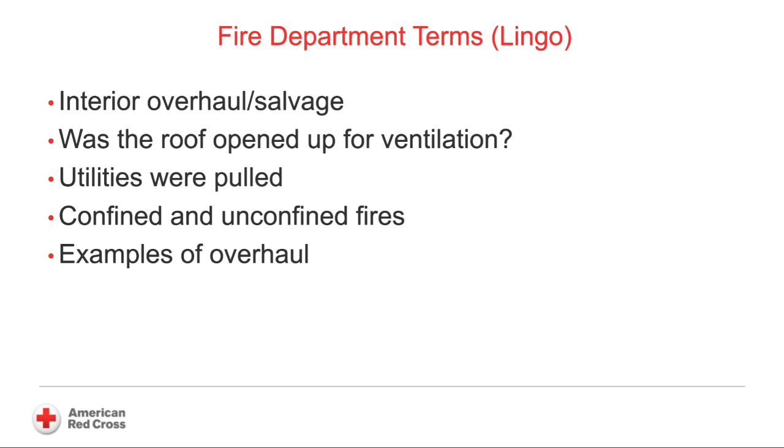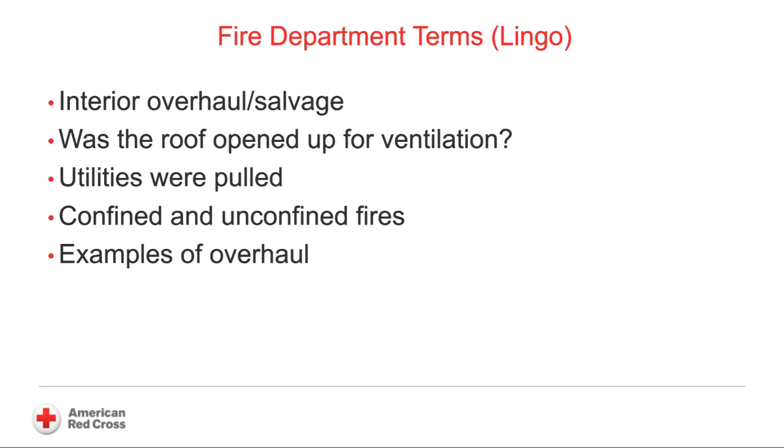If the roof was vented, that means they've deliberately opened up the roof, putting a large hole in it to help with fire suppression. So it's helpful to understand if this impacted the roof over an essential living space. If so, you may have a major DDA on your hands in terms of the classification.